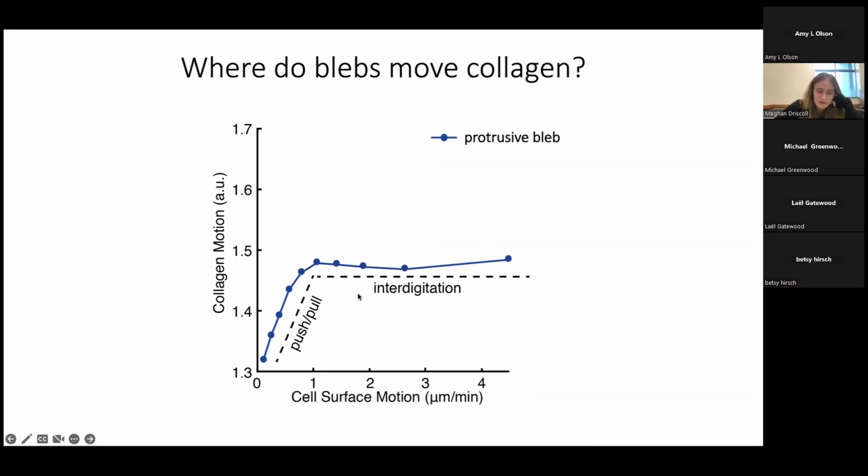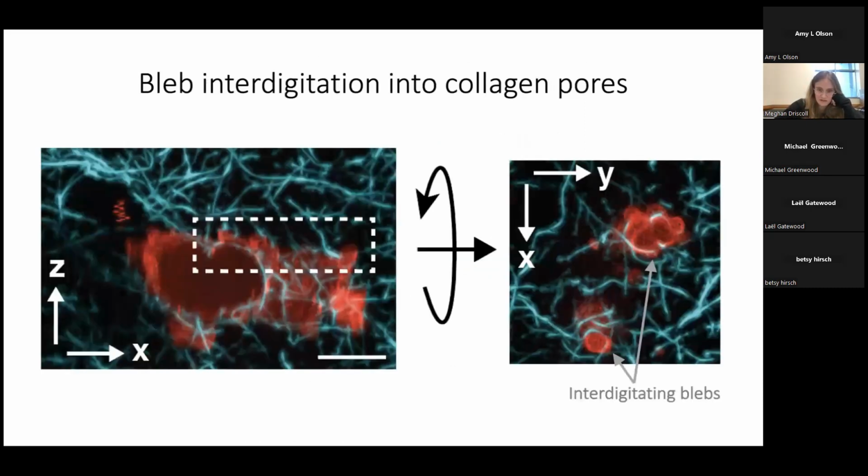Strangely, when the cell begins to move even faster, the collagen no longer moves quickly, but that's also what we would expect. Because remember, the blebs are sort of snaking their way through gaps in the collagen. So the blebs are actually moving faster than the collagen around them. This is called interdigitation. It's as if the bleb is putting its fingers into the collagen, right?